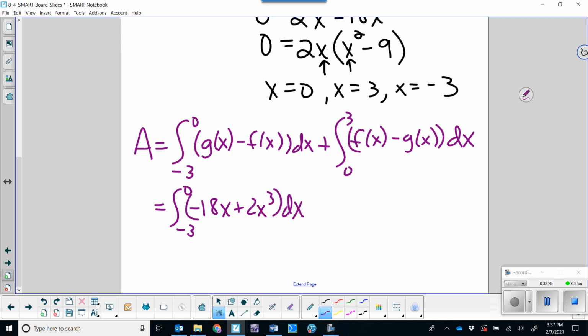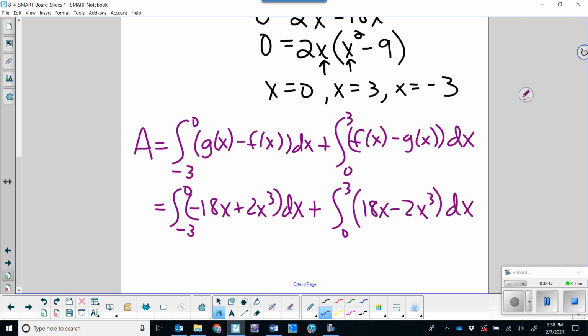Or minus 2x cubed, but it's minus a negative. So this other one will be the same thing, but with opposite signs, right? Because you're subtracting in the other order. So this will be 18x minus 2x cubed dx.